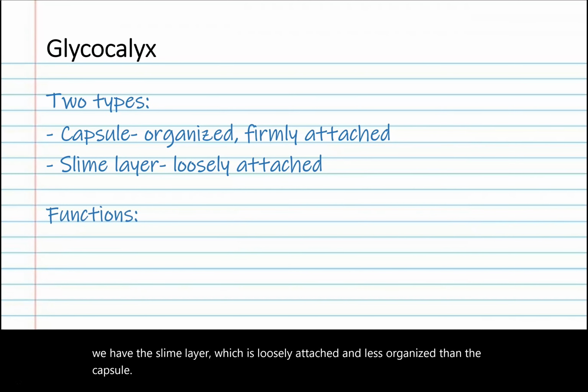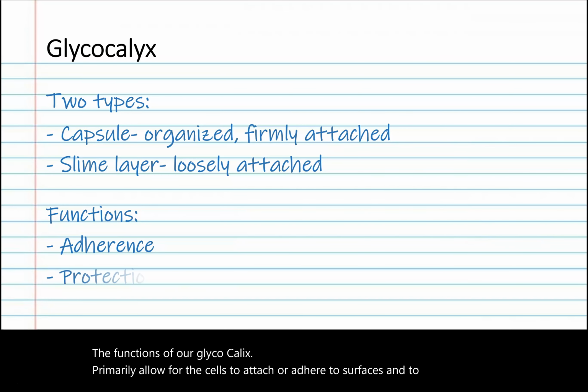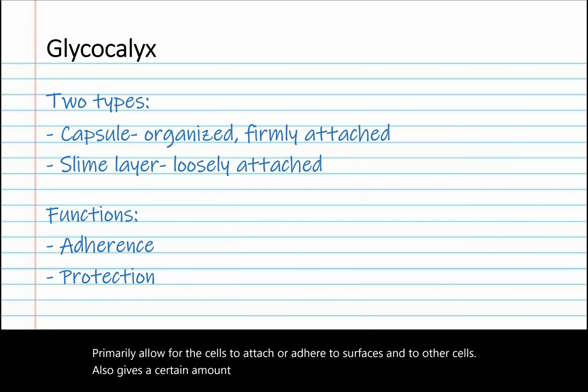Now, the functions of our glycocalyx primarily allow for the cells to attach or adhere to surfaces and to other cells. It also gives a certain amount of protection to the cell. For example, a cell that has a slime layer may be part of a biofilm.